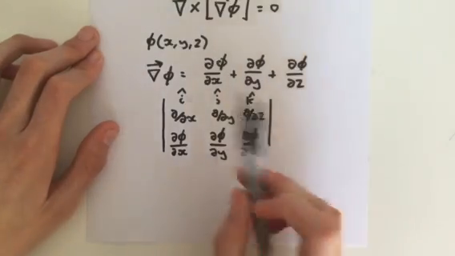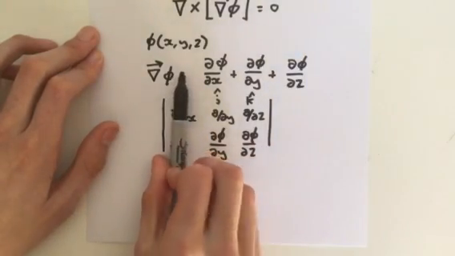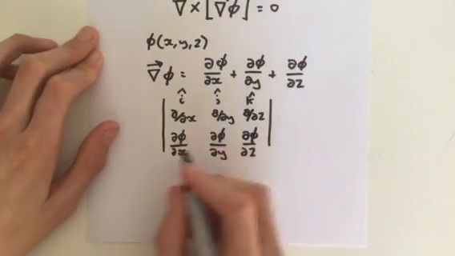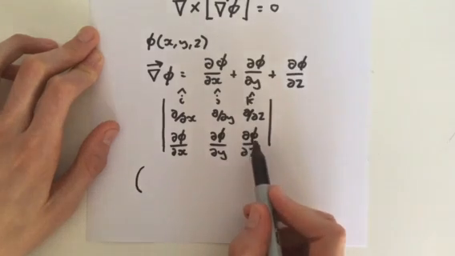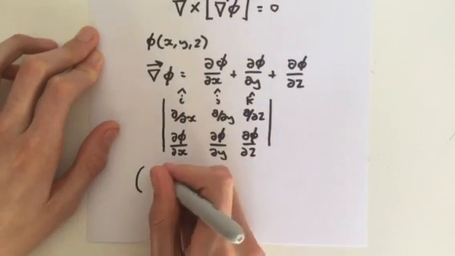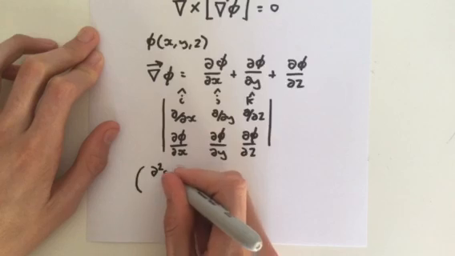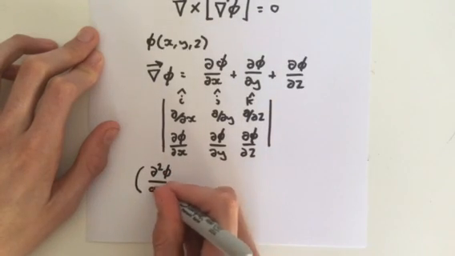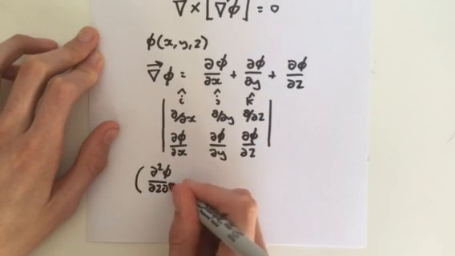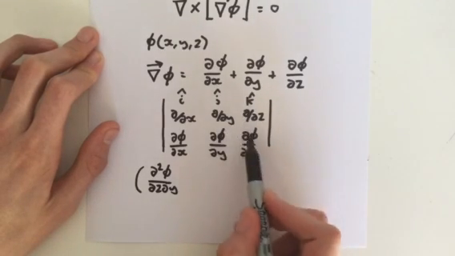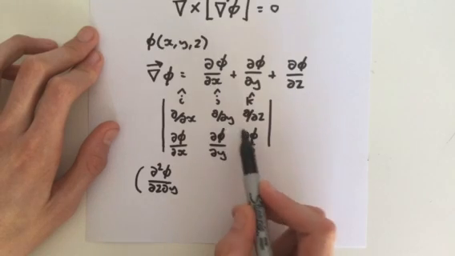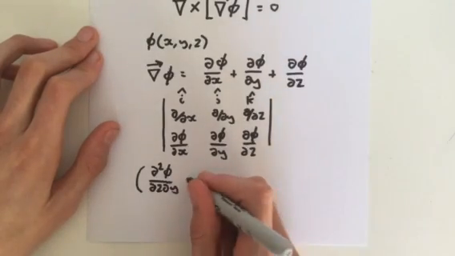Again, we do the sub-determinants. It's going to be a mixed second order partial derivative, so we get the second partial of phi with respect to z and y. That times that minus that times that. When we multiply partial derivatives, we're literally taking the partial derivative of one another.